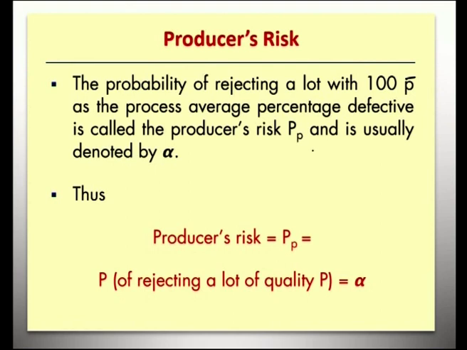So, P of P is usually denoted by alpha. Therefore, producer's risk P of P is equal to the probability of rejecting a lot of quality p bar, and it is equal to alpha. Alpha is called producer's risk and beta is called consumer's risk.